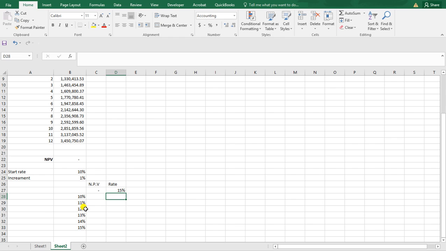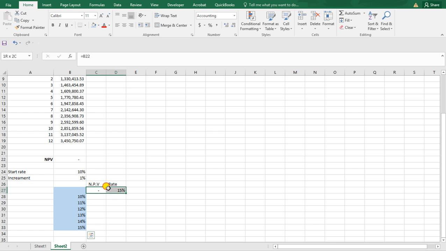So that inserting our table, these are one variable data table because I'm having the one variable that is changing, right? So I'm going to highlight all this. First of all, let me have this so that you can be able to understand it clearly.